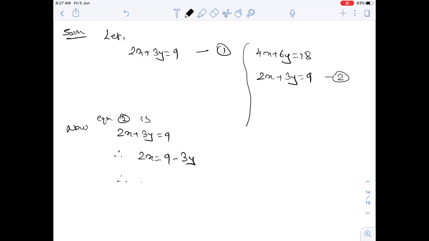Therefore x equals 9 minus 3y upon 2. Now we are going to substitute this value of x in any one of these equations, but we cannot substitute in this equation as we have learned earlier. Why? Because we have made it from the same equation. But if you look at this question, both the equations are the same.